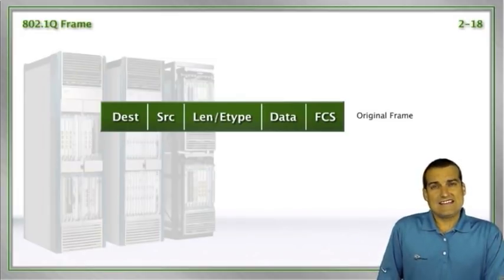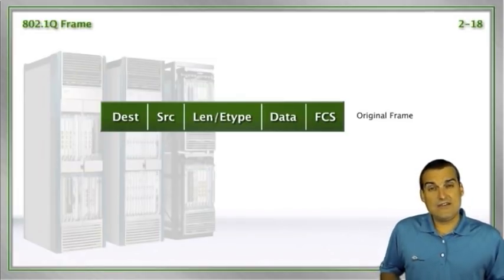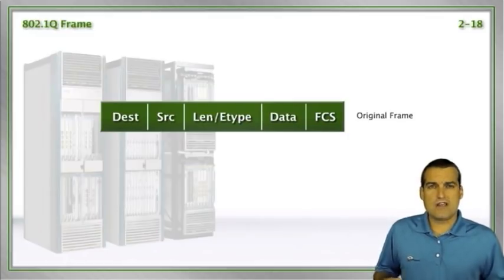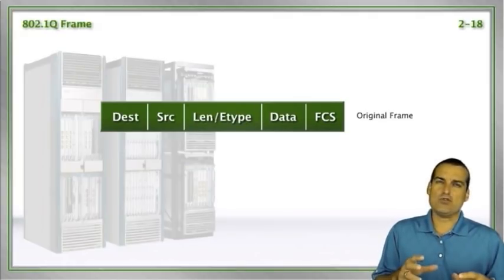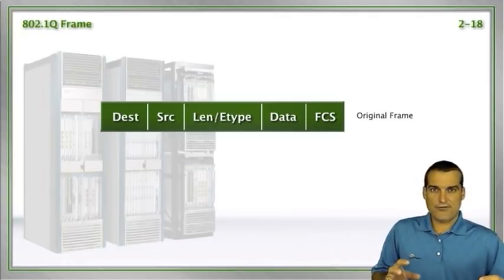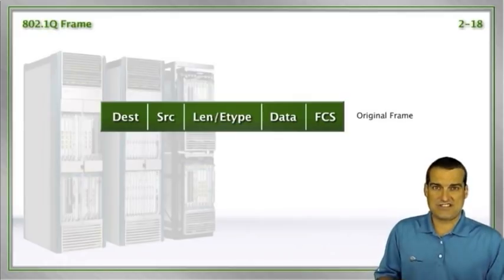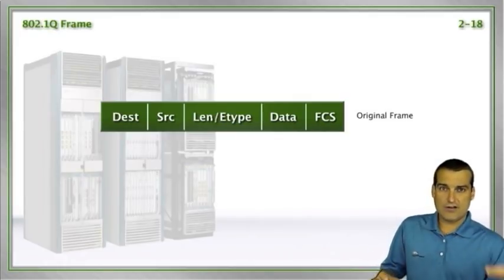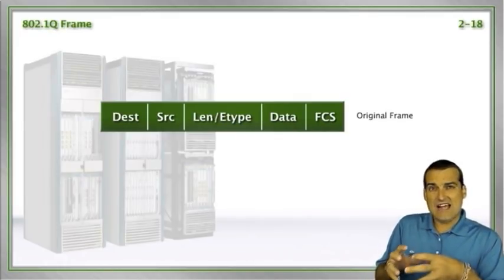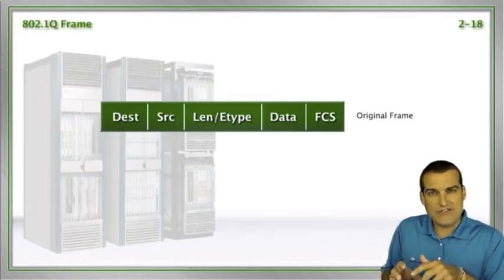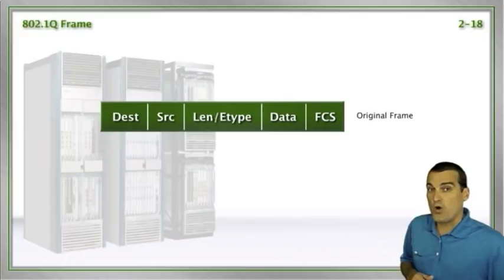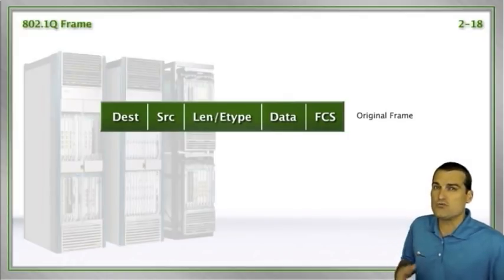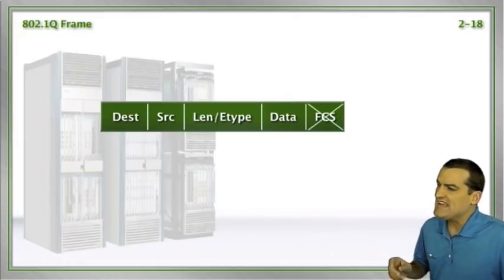You see, Cisco originally invented their own trunking protocol called ISL, Inter-Switch Link. In this approach, the original Ethernet frame would be encapsulated. It would get a new header and a new footer, and inside the new header would be the VLAN identification information. Well, in 802.1q's approach, they don't re-encapsulate the frame.